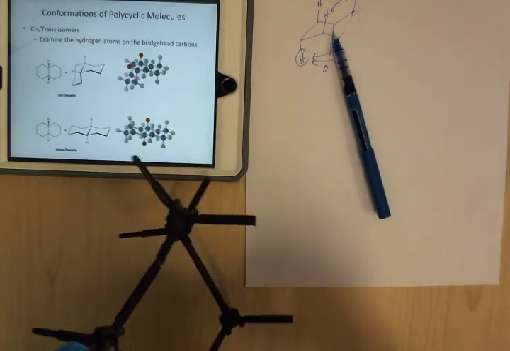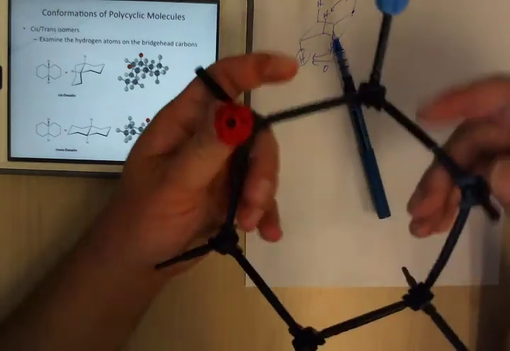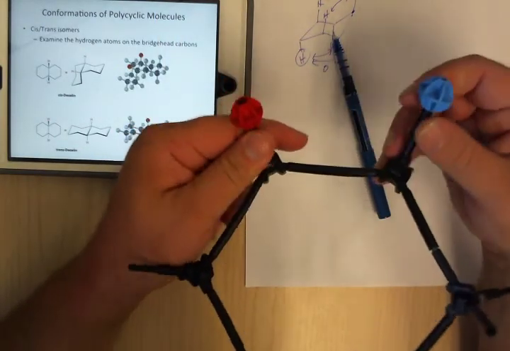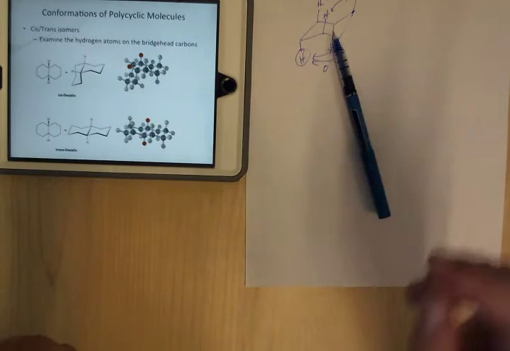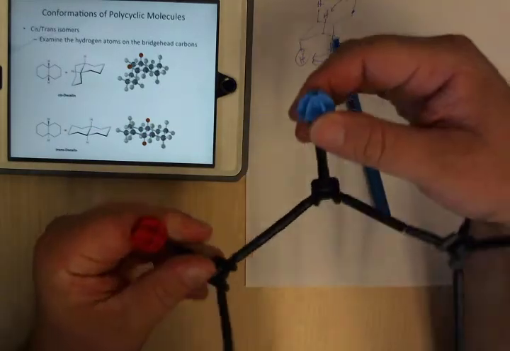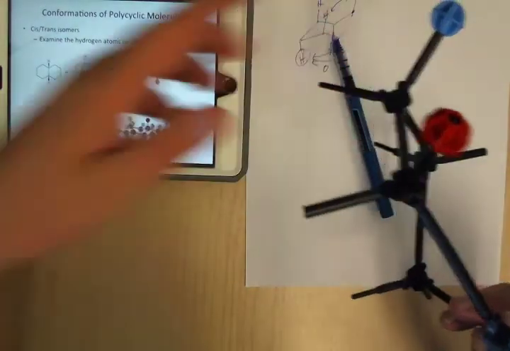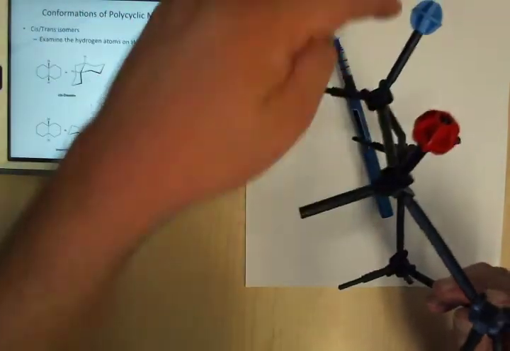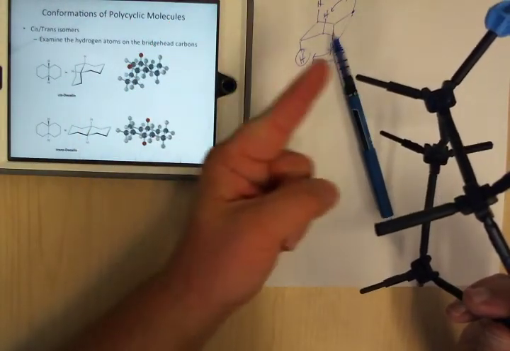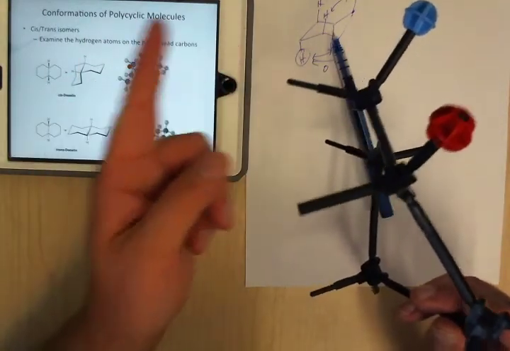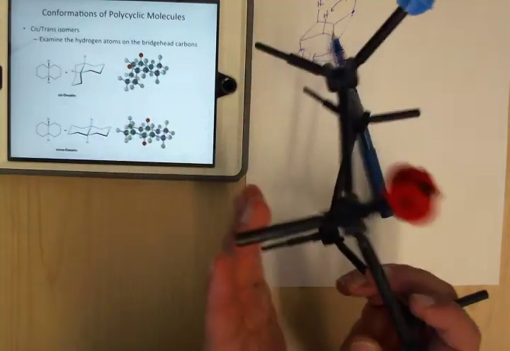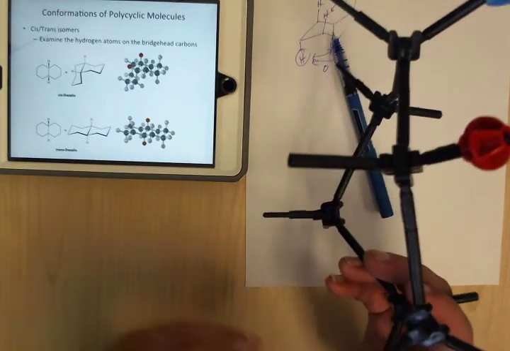It depends on where the hydrogens are. If the hydrogens are on the same side, so imagine the cyclohexane coming off of here, you can have the hydrogens on the same side. This would be cis-decalin, and the ring would come out here, and notice how it folds together.